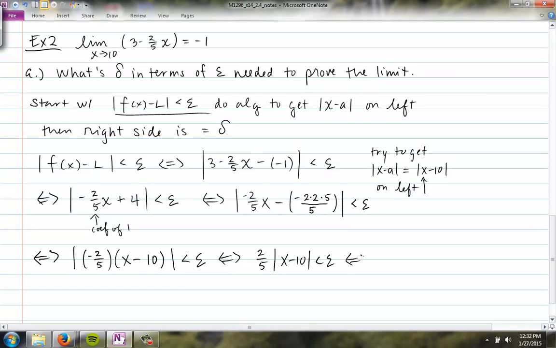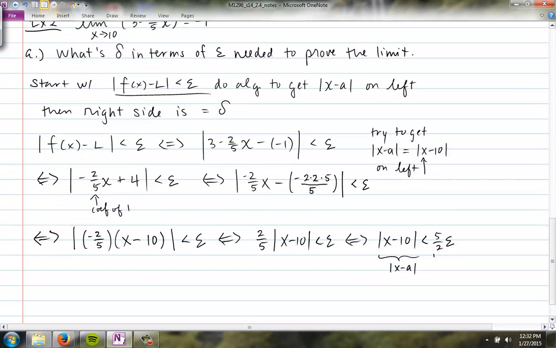So that justifies this next step. Now, go ahead and solve by multiplying both sides by 5/2, for example, and we're going to have 5/2 epsilon on the right. And here we have our absolute value of x minus a. The last step here is just to let delta equal whatever's on the right-hand side.